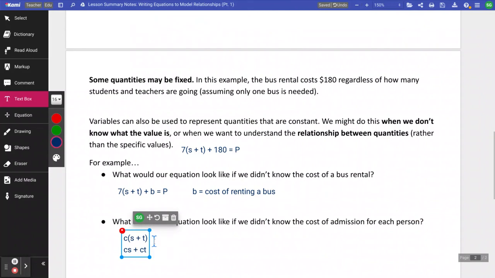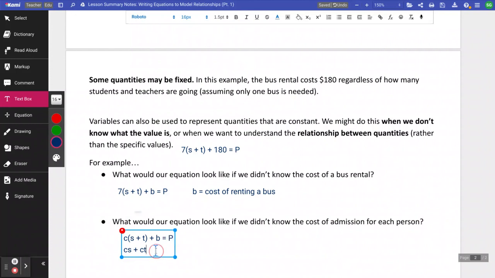Here, we could still use that B from earlier as well. So I could say I'm multiplying the cost of a ticket times the total number of students and teachers going plus the cost of my bus rental to get that total price of the field trip. Now, looking at these equations might look crazy to you because there's only variables in them.